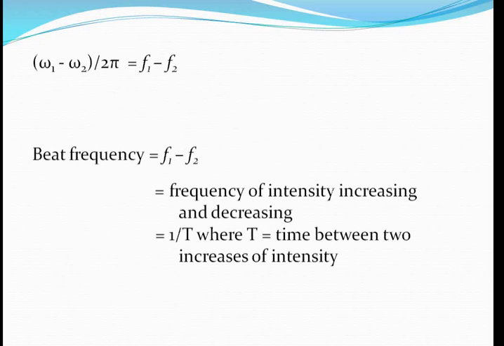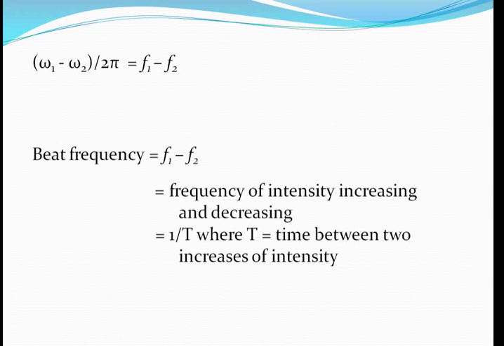Since omega 1 minus omega 2, the difference of angular frequencies, varies linearly with the intensity, we define beat frequency as (omega 1 minus omega 2) divided by 2 pi, equal to f1 minus f2. Thus the beat frequency is the frequency of intensity increasing and decreasing.